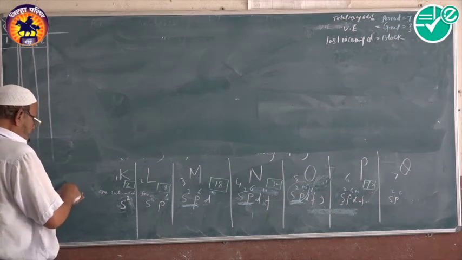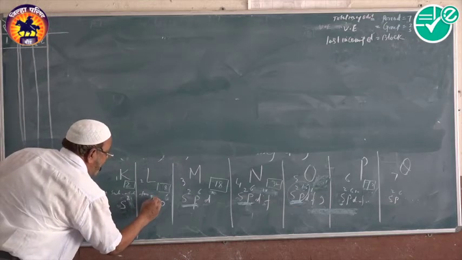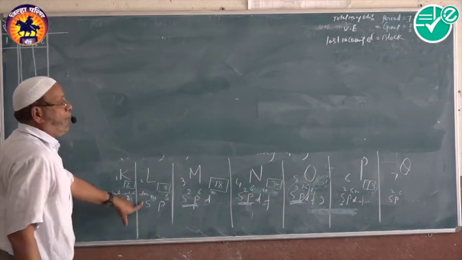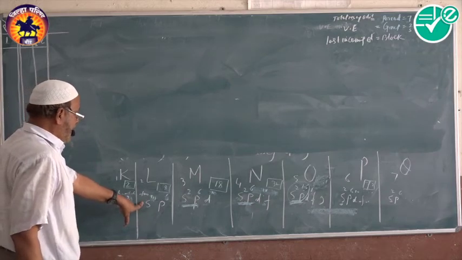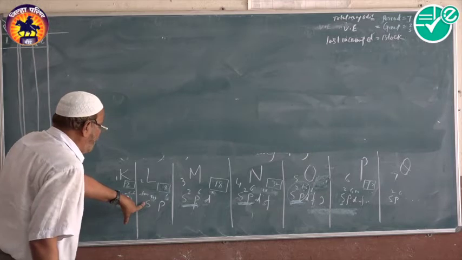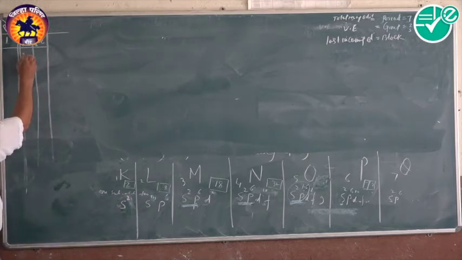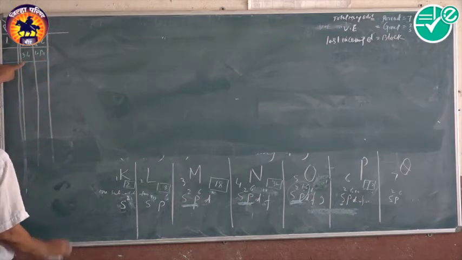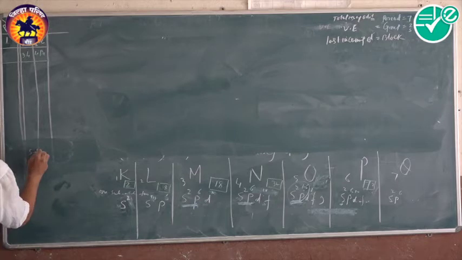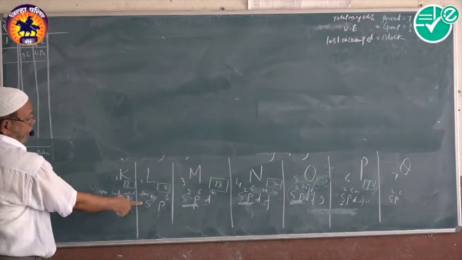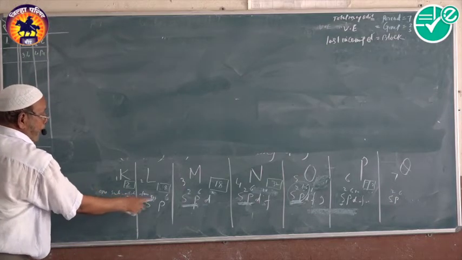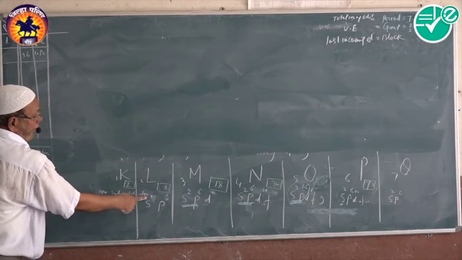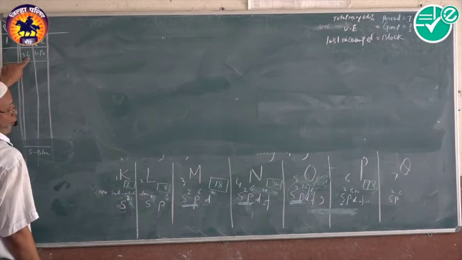Now third and fourth, lithium and beryllium, are also S block elements because the last electron is in suborbit S. In the case of lithium, the valence electron is 1, hence it is in the first group.